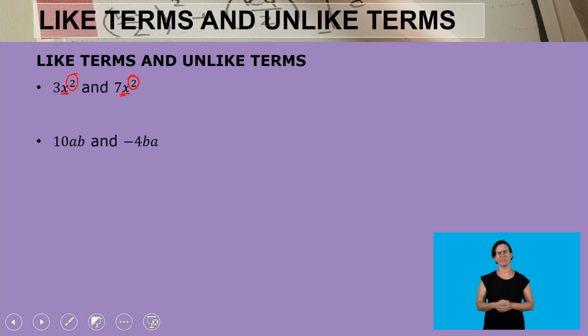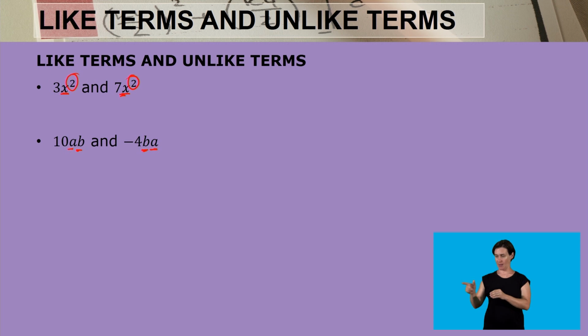What about 10ab and negative 4ba? Are they like terms? Well, yes, they are like terms. Why? Because do they have the same variables as a base? Yes, they do, because the 10 has a and b as a variable, and the negative 4 has a and b as a variable.